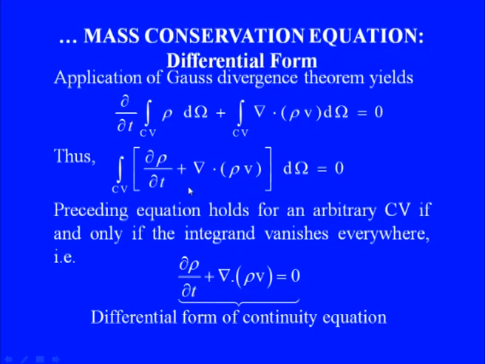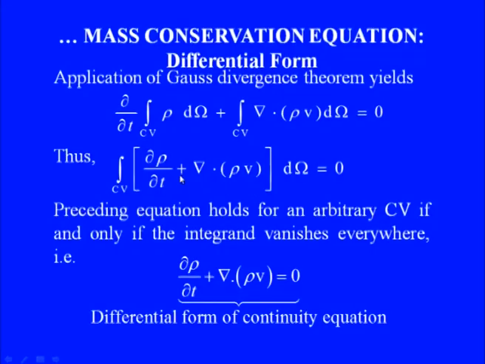identically 0. Suppose it was not the case, what is the situation in which it can vanish? Suppose over half of the domain this function, del rho by del t plus divergence of rho v, is positive, and in the other half it is negative, equal and opposite in magnitude. That is one possibility in which case this integral can vanish.